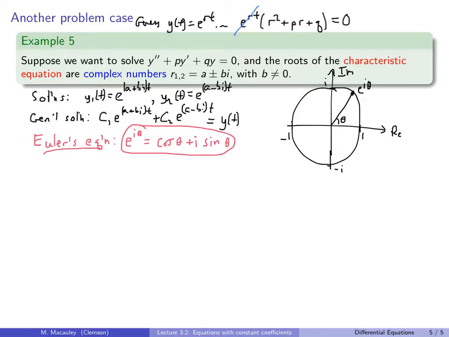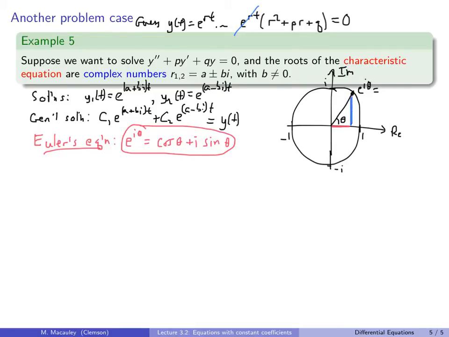Now, every complex number can be written in polar form, and we'll talk about this more in the next slide. But let's look at this triangle, the base and the height of this triangle. This is a right triangle.